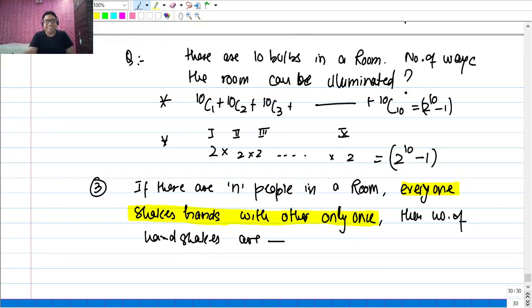So how many handshakes would be there? How many would be the number of handshakes, guys? N people in a room. And you might have been facing this question many a times in your papers as well.